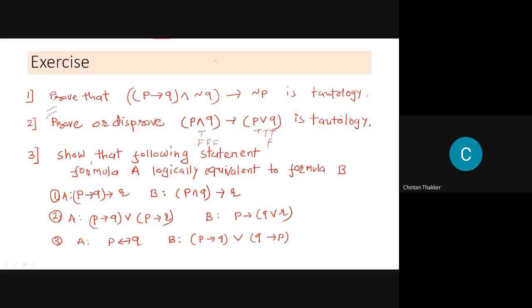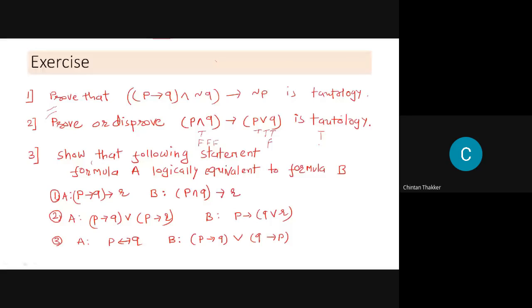Now this is a conditional statement between these two. In a conditional statement, if the first is true and the second is false, then the conditional statement is false. Otherwise, it is true. So in the first one both are true, so we have true, and then for the last three the first statement is false.